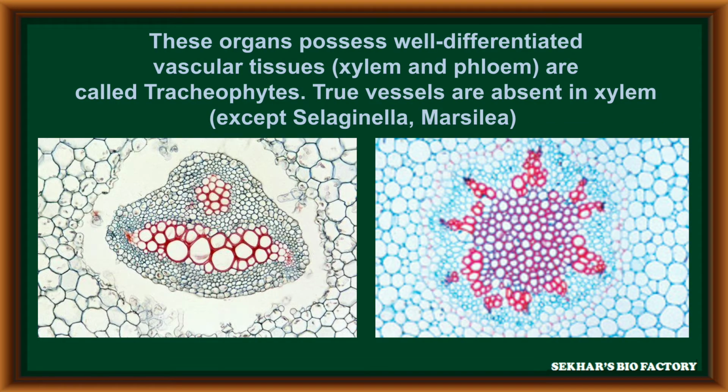In the structure of this plant body, the organs have well differentiated vascular tissues like xylem and phloem, so pteridophytes are also called tracheophytes. But true vessels are absent in xylem, except in some plants like Selaginella and Marsilea.